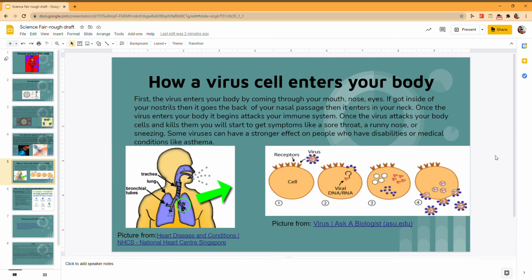Once your virus cell enters your main immune system, it starts to attack. Once the virus attacks your body cells and kills them, you will start to get symptoms like sore throat, runny nose, or sneezing. Some viruses can have a stronger effect on people who have disabilities or medical conditions like asthma.